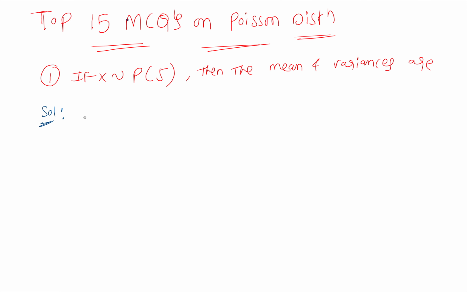Based on these properties we have to solve these problems. For Poisson distribution, mean is equal to lambda, variance is equal to lambda. Here lambda is equal to 5. So the mean and variance are also 5.